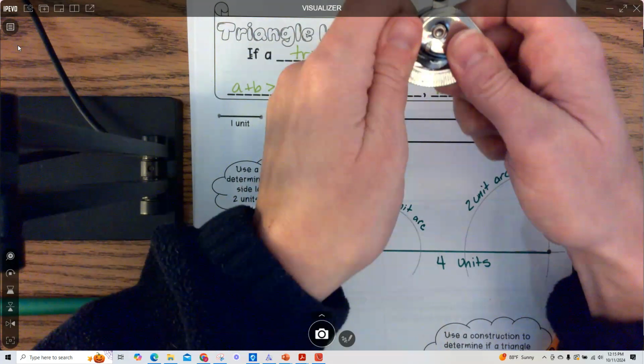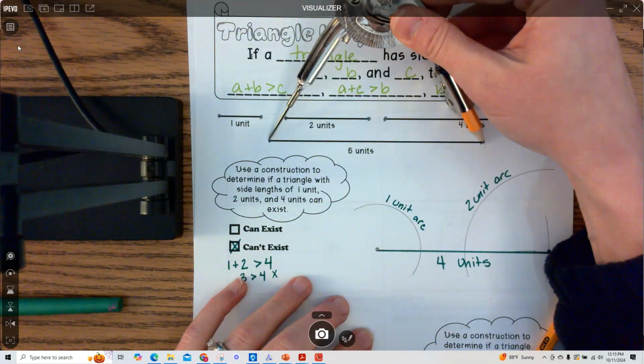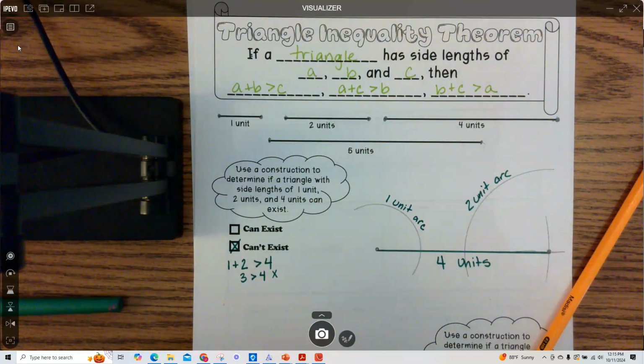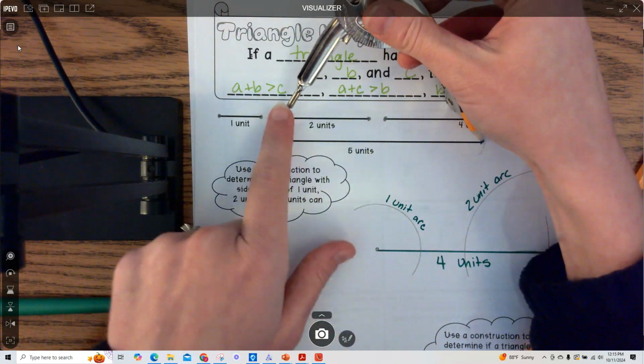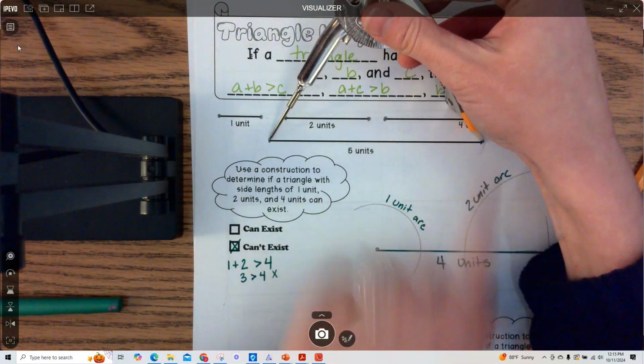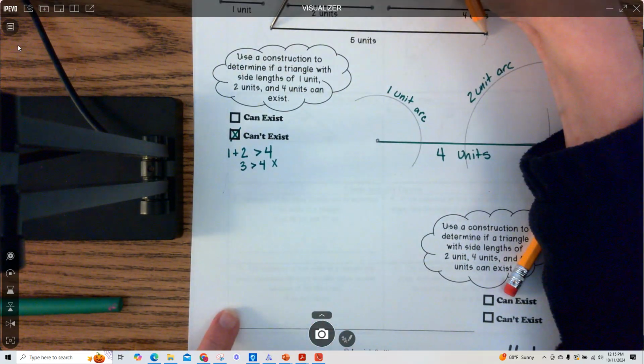Still too much. Closer. Okay, point on one end point, pencil on the other end point, and then move your point down to the point that you made.